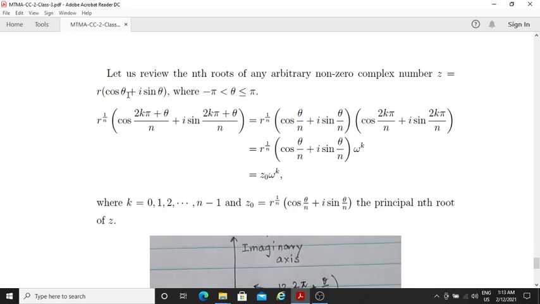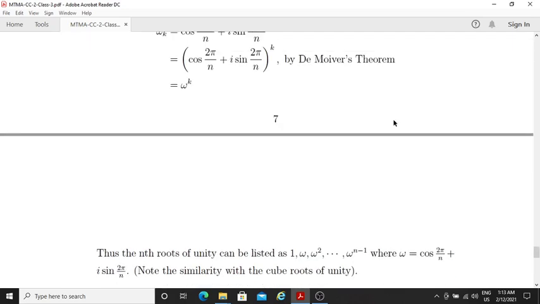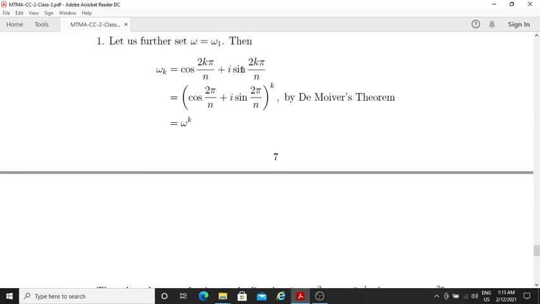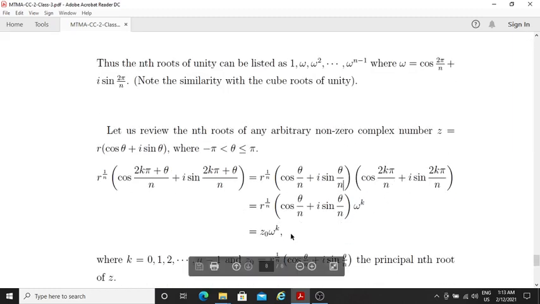Just recall that, and you are left with this multiplied by another factor. Now, what is this factor? This factor is ω_k, which is nothing but ω to the power k. What is ω? ω is the nth root of unity, the first, corresponding to k equals 1.